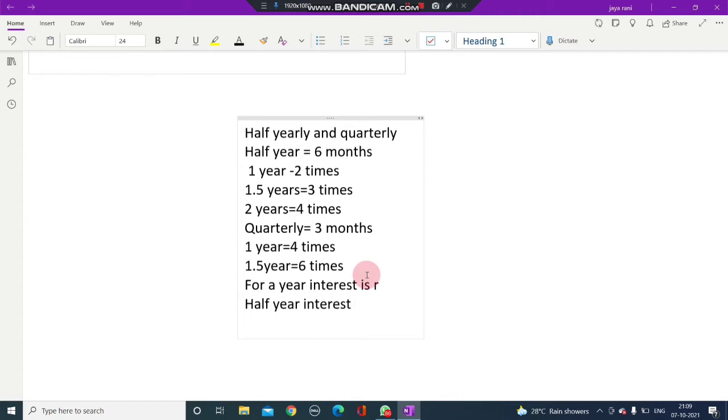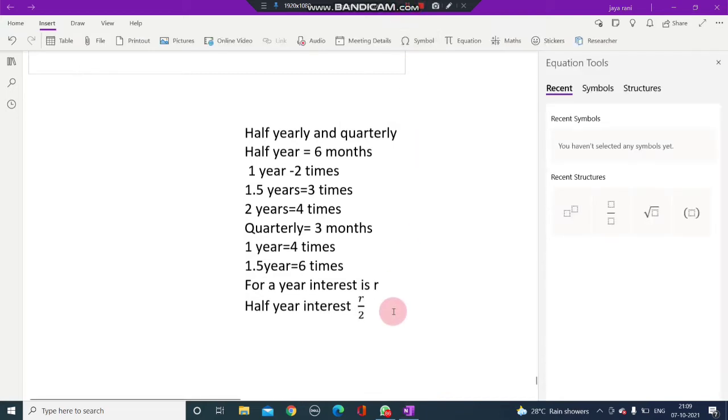Half year interest is R by 2. So the interest rate becomes half of the interest rate of the annual compounding.